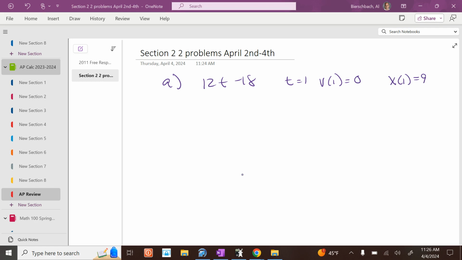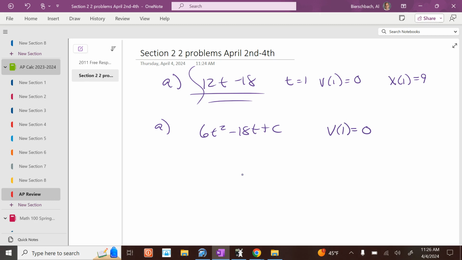Well, if this is the acceleration right here, part A, then we integrate that. So we get 6t squared minus 18t plus c, correct? That would be the velocity of the particle. And then we know the velocity at time 1 equals 0.